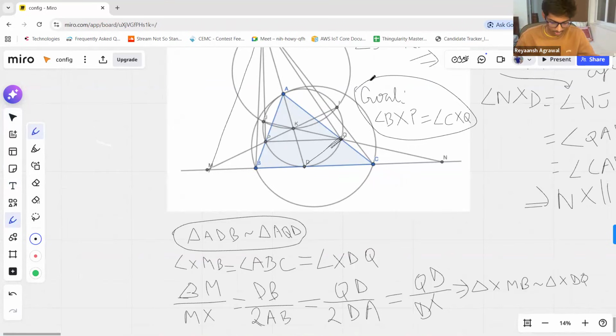So can we do anything with the triangles? We also get that triangle XNC is similar to triangle XDP similarly, right? Now what?